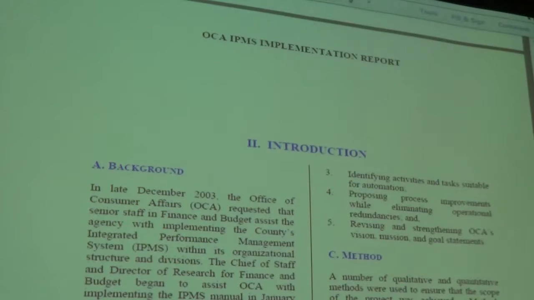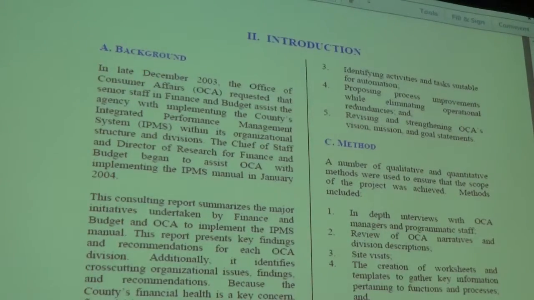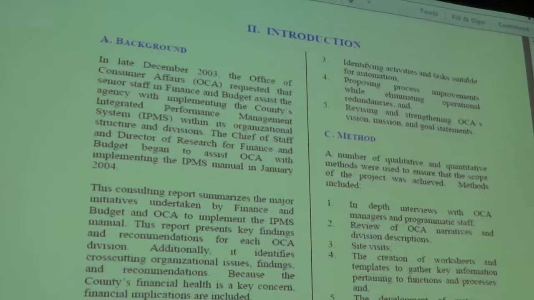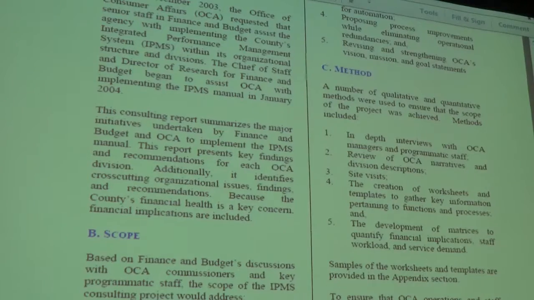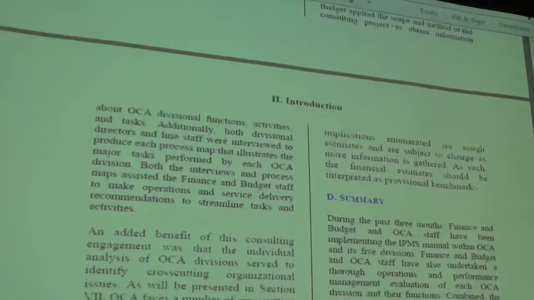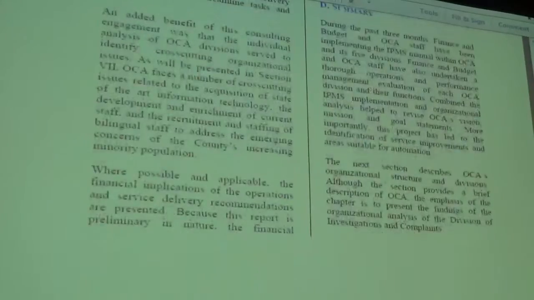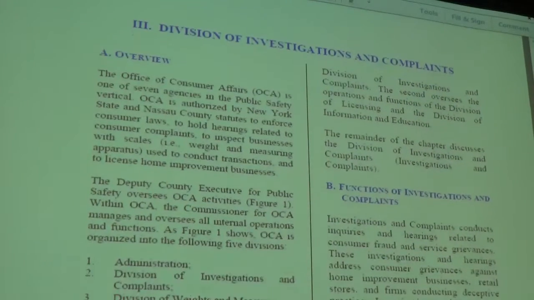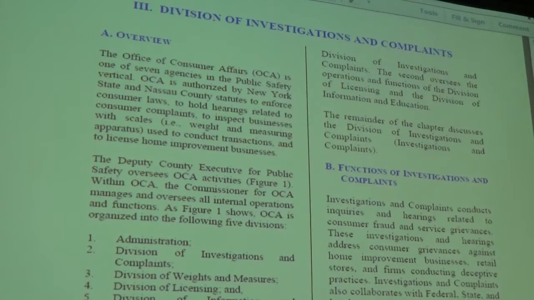This is the report. We have the introduction, why we undertook the assessment. It has the scope of the assessment. It has the method, the data that was collected, why we collected the interviews, how we collected the data. And it has the summary. Here's the division of investigations and complaints.